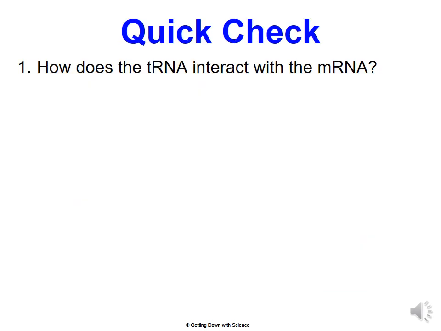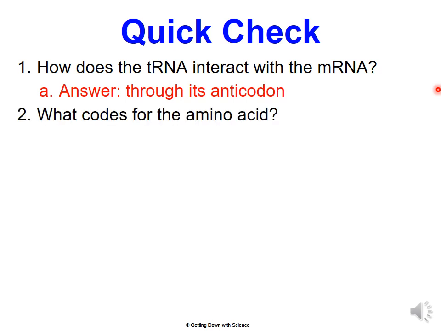So, how does tRNA interact with mRNA? Through the anticodon. Remember, the anticodon complements the codon. What codes for the amino acid? And the answer is the mRNA codon. This is the biggest place that I see people mess up on this process, is they're trying to use the tRNA to say what amino acid it is when it's the mRNA that has the code on it.